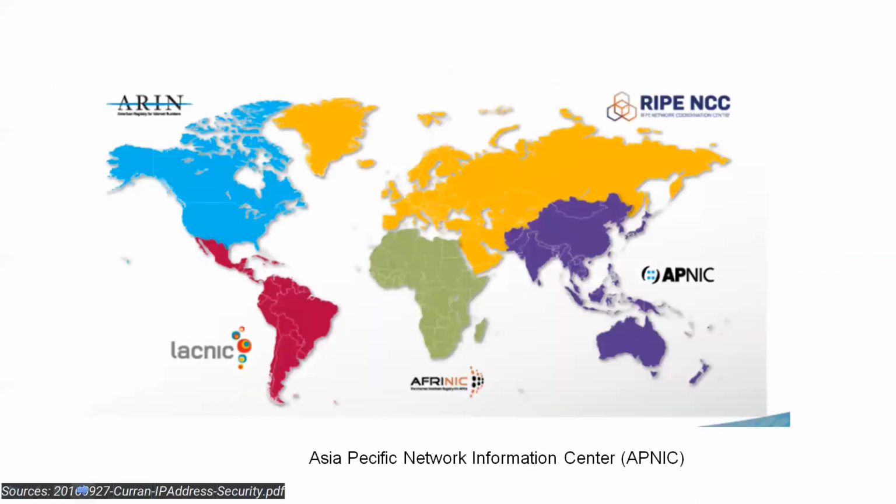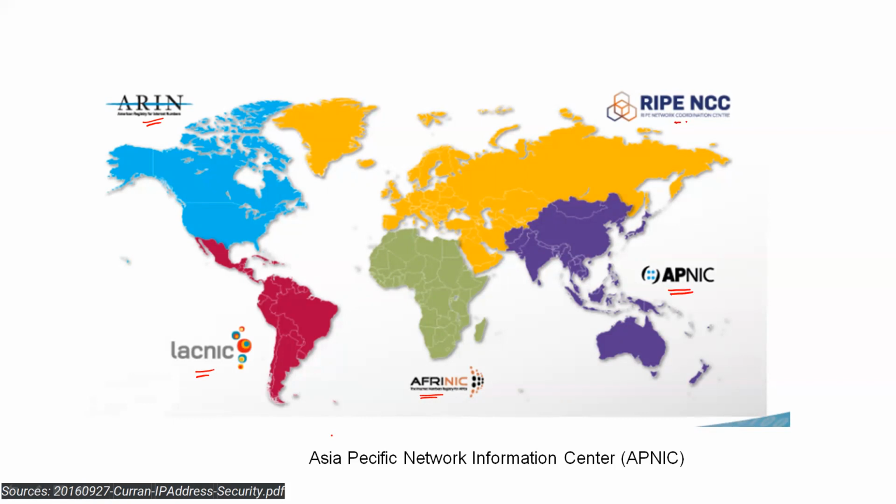Now see this example. Again, we have different authorities. For North America we have ARIN, for South America LACNIC, for African countries AFRINIC, and for all the Asian countries we have Asia Pacific NIC.